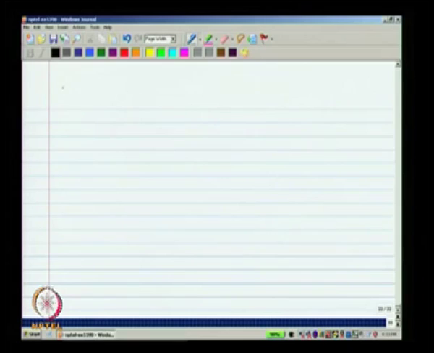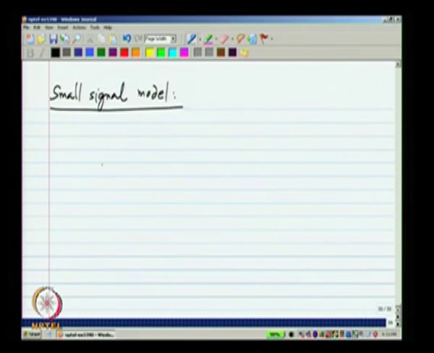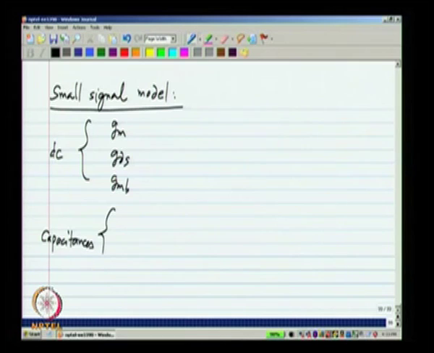So, just to summarize, the small signal model of the MOS transistor consists of DC parameters, which are GM, GDS and GMB, and capacitances, which are CGD, CGS, CSB and CDB.